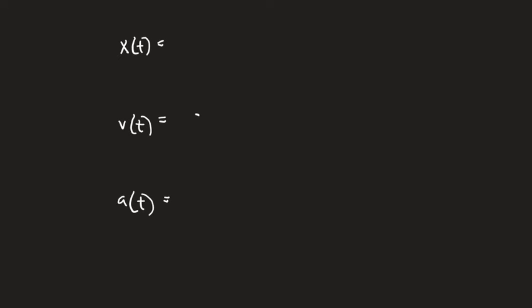So I'd like you to consider this function. And I'd also like you to know that at time 0, the object is at the position -12. Now, for those of you who know why I gave you that position, good, hold on to that.